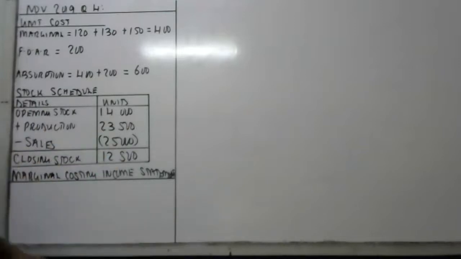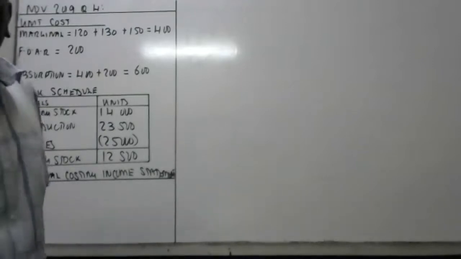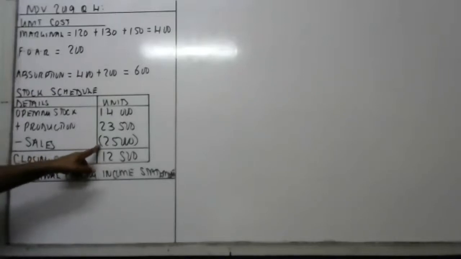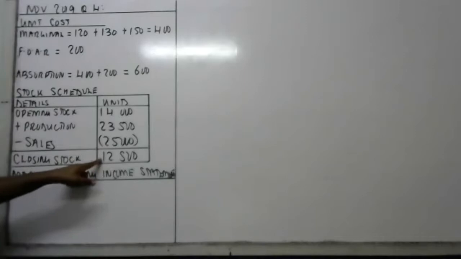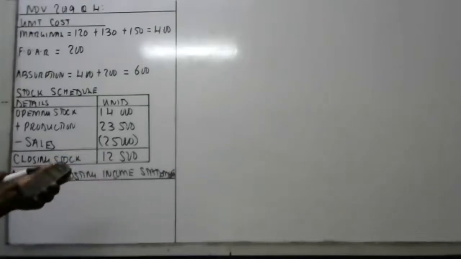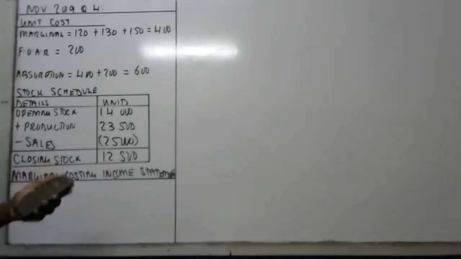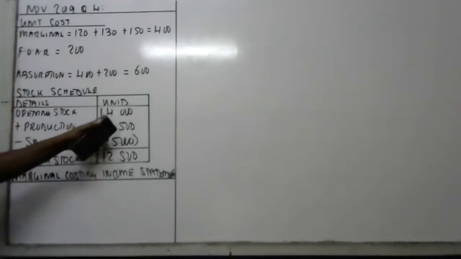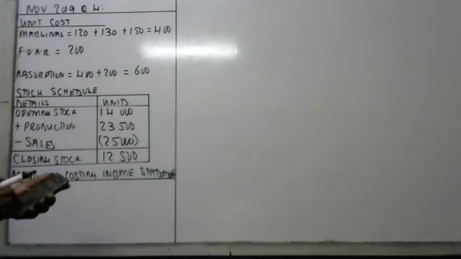So what you're supposed to do, because we know this 25,000 was subtracted from something, so that we got this. You start by adding. You say 12,500 plus 25,000. So you add the two. Then you less this one that is already known. You less 14,000.